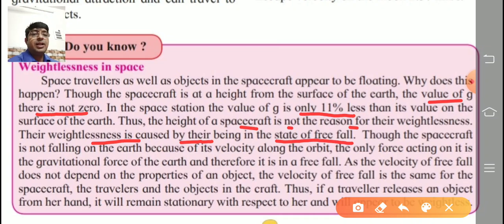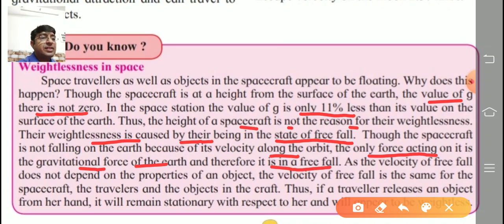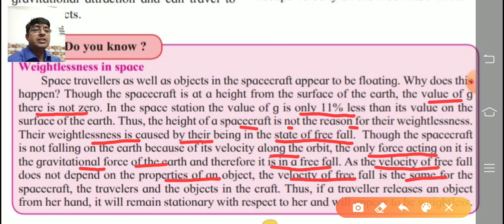The spacecraft is not falling onto the earth because of its velocity along the orbit, and the only force acting on it is the gravitational force of the earth, and therefore it is in free fall. As the acceleration of free fall does not depend on the properties of an object, it is the same for the spacecraft, the travelers, and the objects in the craft.